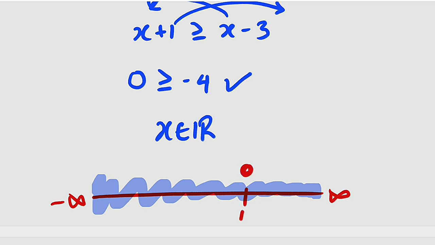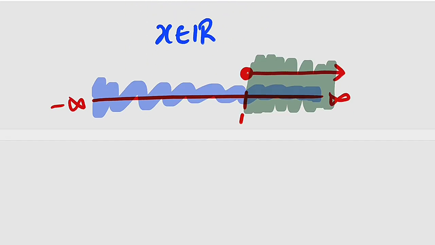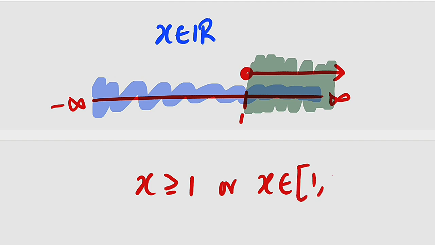It means that all these values to the right hand side. So if you take the intersection, you can see this is where we have our solution from 1 down to positive infinity. So we can say that the solution to this problem is x greater or equal to 1, and you can also write it in interval notation as x belongs to the set of values from 1 down to positive infinity.